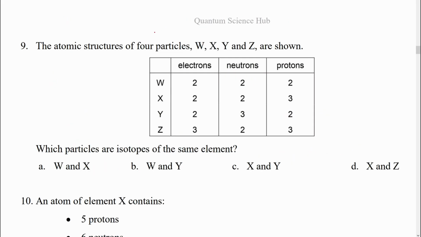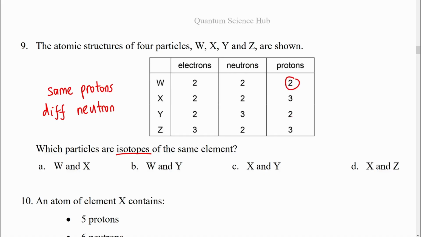Next, question 9. The atomic numbers of 4 particles W, X, Y, Z are shown. Which particles are isotopes of the same element? Again, the question is asking about isotopes, so you have to know the definition of isotope. Isotopes are atoms with the same number of protons but different numbers of neutrons, right? So from here, let's check it out.